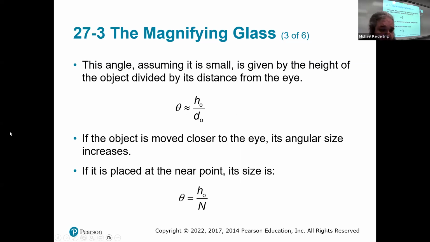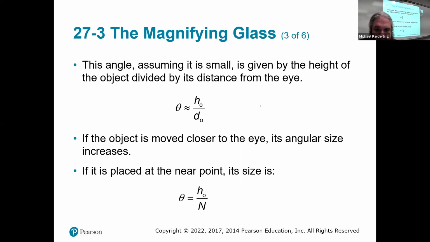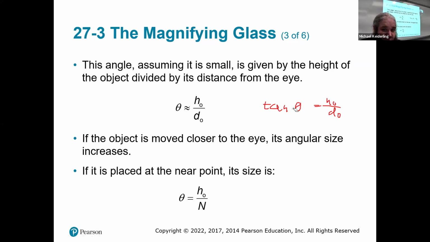So this is an approximation. The exact value would be tangent of theta equals h naught over d naught. Actually, it might be sine of theta. Well, for small angles, tangent and sine are the same.